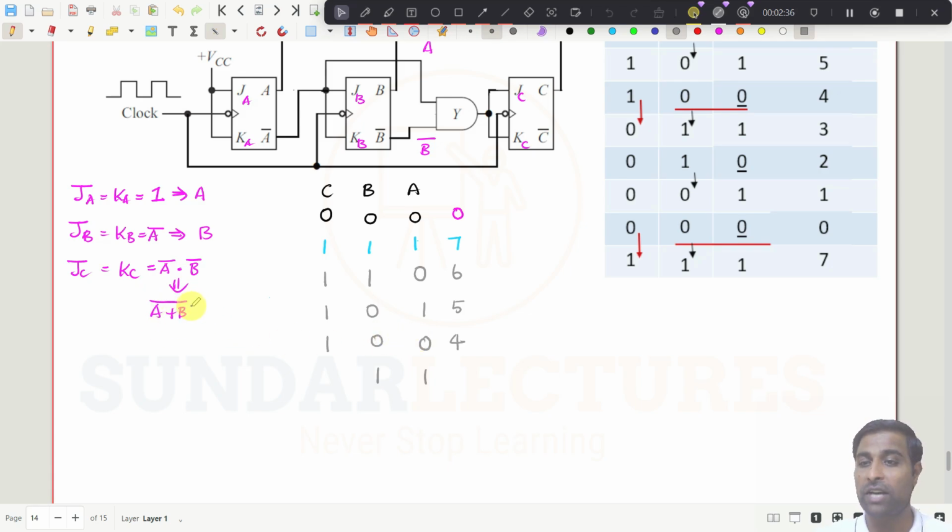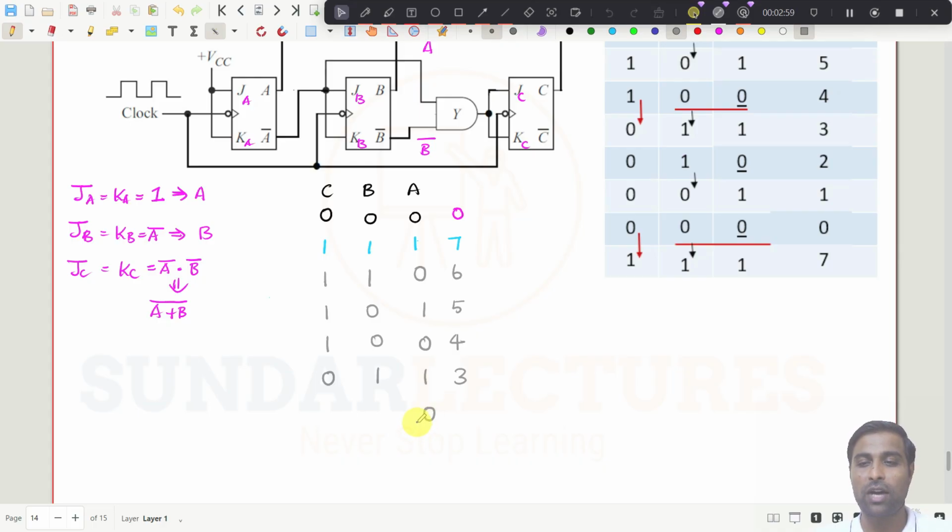And 0 bar is what now? 0 bar is 1. So 1 is given to JC and then KC. If 1 is given to JC and then KC, this state has to be inverted. And what is this one? It is 3. Can you understand? Can you relate this equation with this diagram? It is very simple.